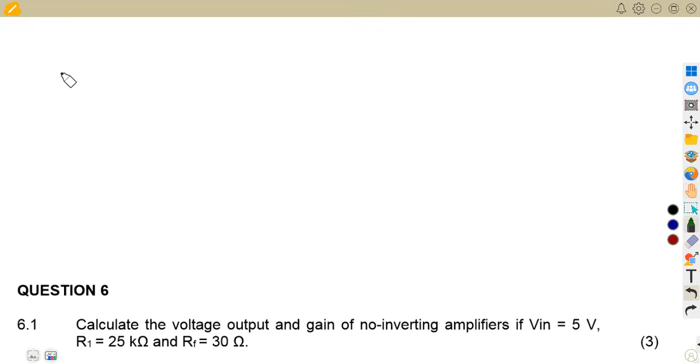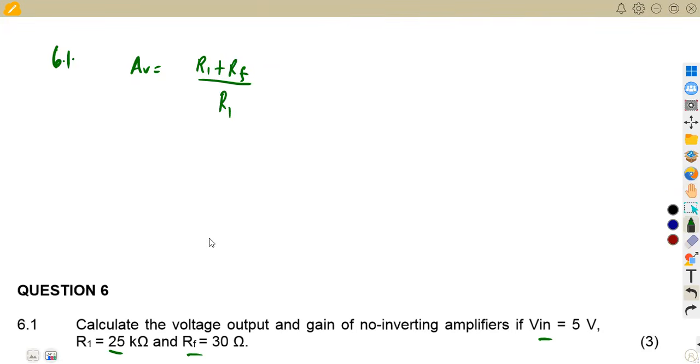All right, so in this case we need the output and the gain, so we can just start with the gain. From what you're given, we've got R1, RF, and V in. Remember, for the non-inverting amplifier, our voltage gain is given by R1 plus RF over R1.